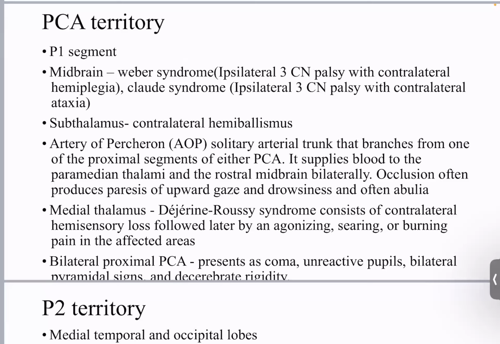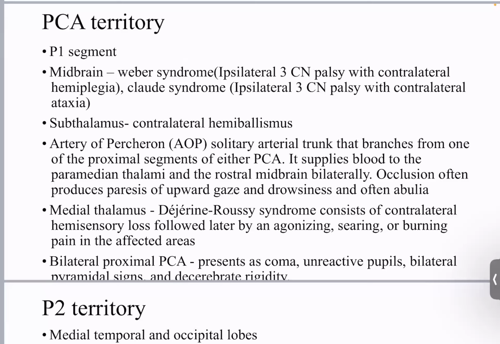Midbrain, as we all discussed, Weber syndrome and Claude syndrome can occur. Subthalamus involvement can cause a contralateral hemiballismus. There is the artery of Percheron, which is a solitary arterial trunk that branches from one of the proximal segments of either PCA. It supplies blood to the paramedian thalami and the rostral midbrain bilaterally.